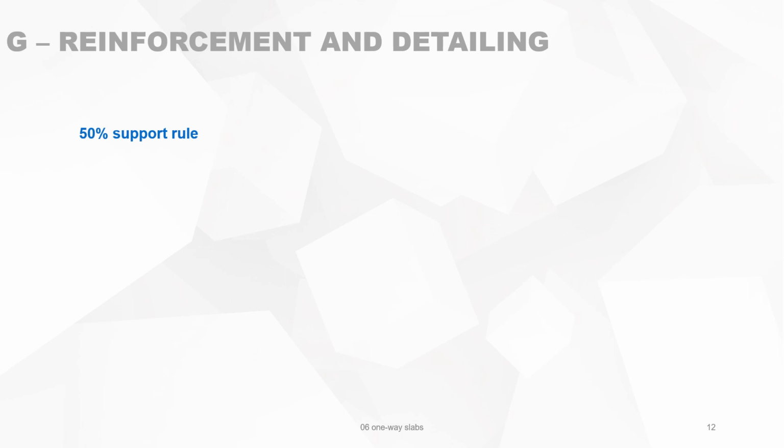There is also a 50% support rule, and it states that the tension reinforcement at the support must be at least half of the reinforcement needed at midspan, or the maximum sagging bending moment.